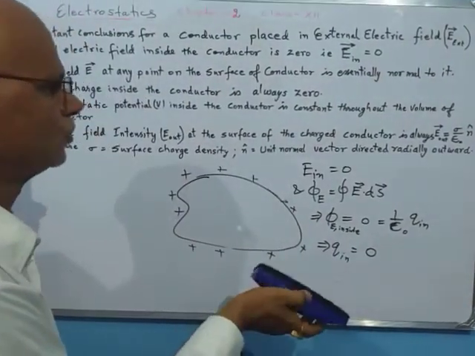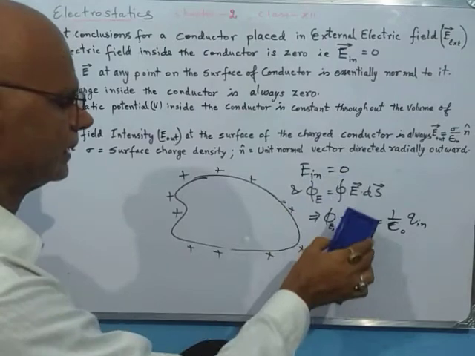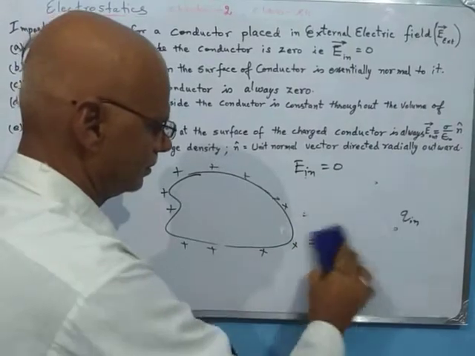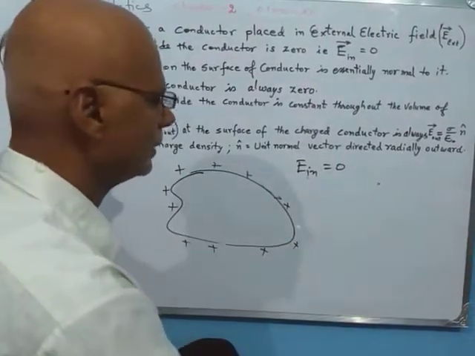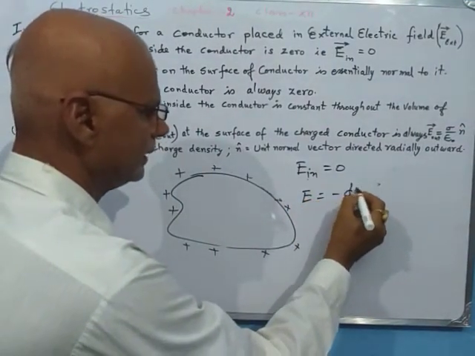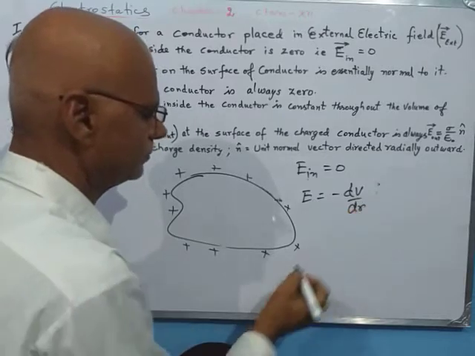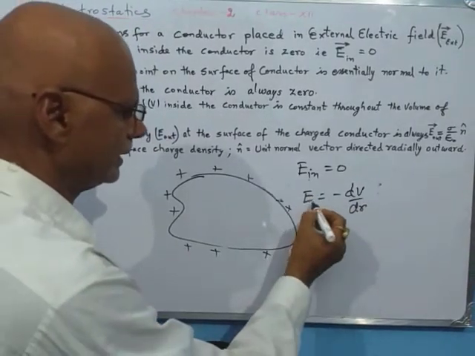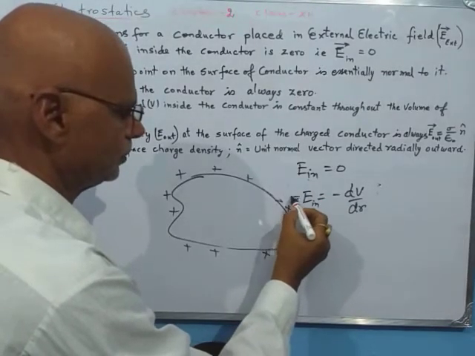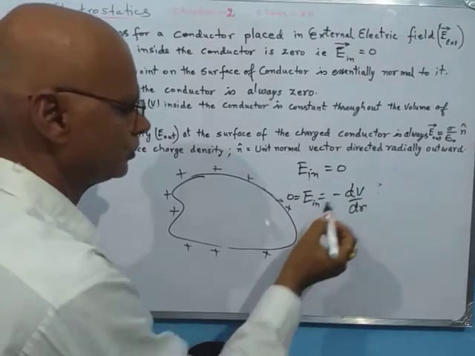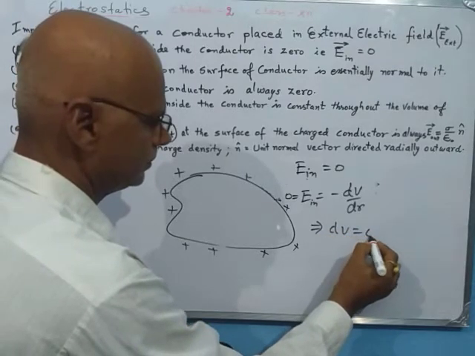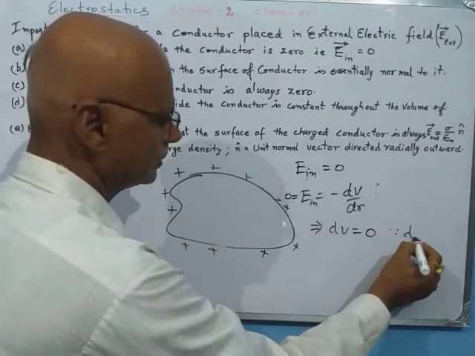We have understood that the electric field inside the conductor is zero, and we also know that electric field E is equal to minus dV by dr. If the electric field inside is zero, and E is equal to minus dV by dr, then dV is zero because dr is not zero.